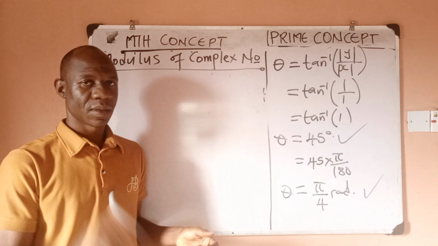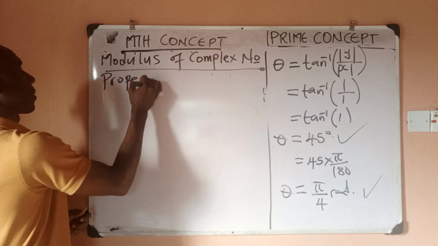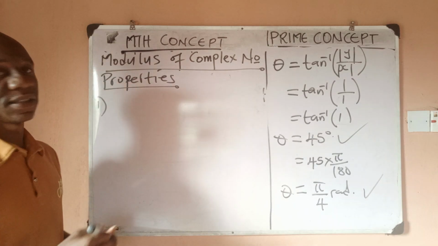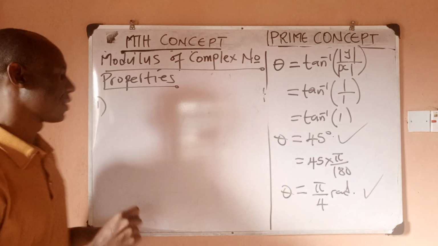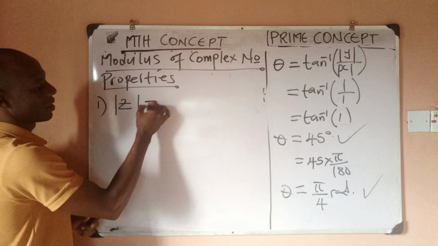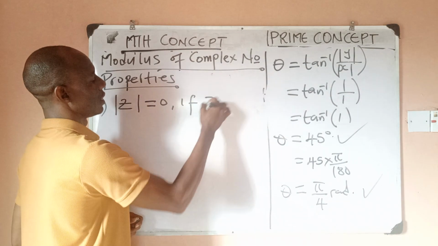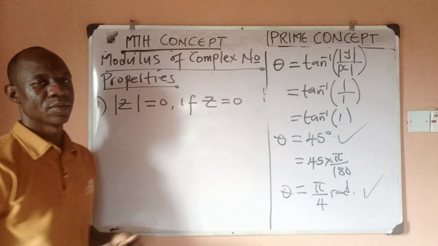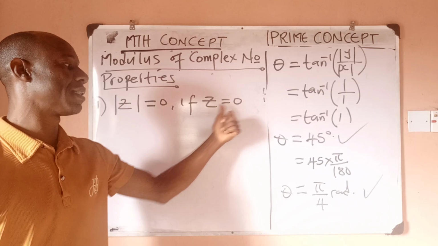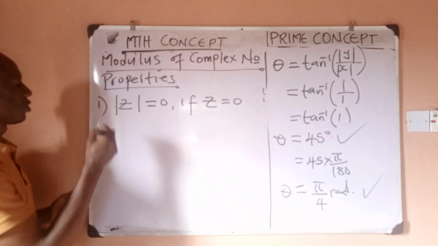One important property is that if the modulus of a complex number is equal to 0, this is only true if the complex number itself is 0. So the modulus of a complex number can never be 0 except when the complex number itself is 0. So this is the first thing you should know.